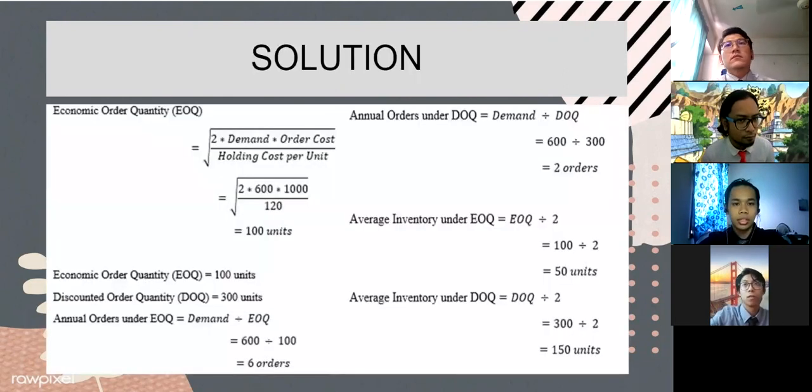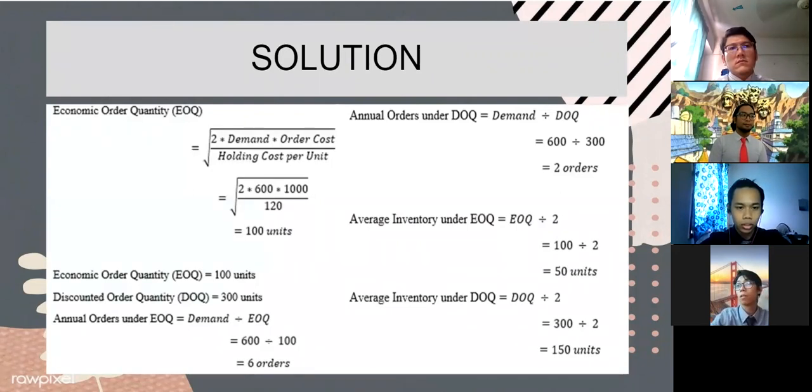All right, so this is the solution. First, we have to calculate according to EOQ, where we use the formula 2 times the demand times order cost divided by the holding cost per unit. We put all the variables into the formula and we get 100 units. So the EOQ for this problem is 100 units, and the discounted order quantity, if you remember, for more than 300 you get a 15% discount, so it's 300 units.